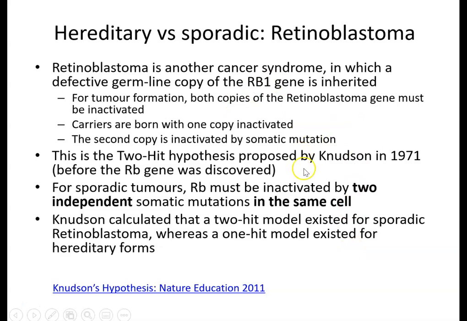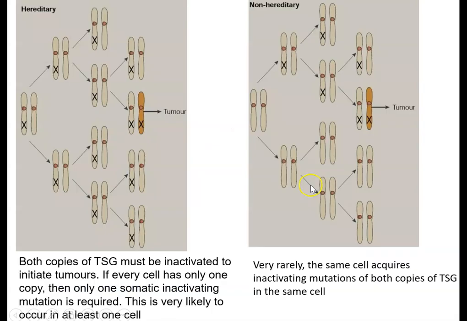So let's take these two situations. If you're born with a hereditary form of retinoblastoma, this diagram illustrates chromosome 13, which is where the RB1 gene is, and an X represents a mutation in the retinoblastoma gene. This cell could be the cell at conception, and as that cell divides it gives rise to more and more cells.